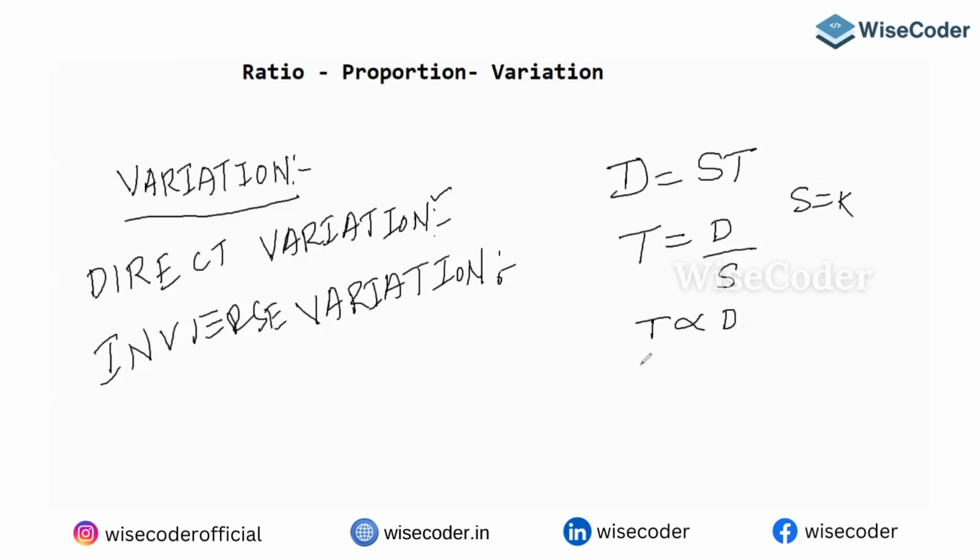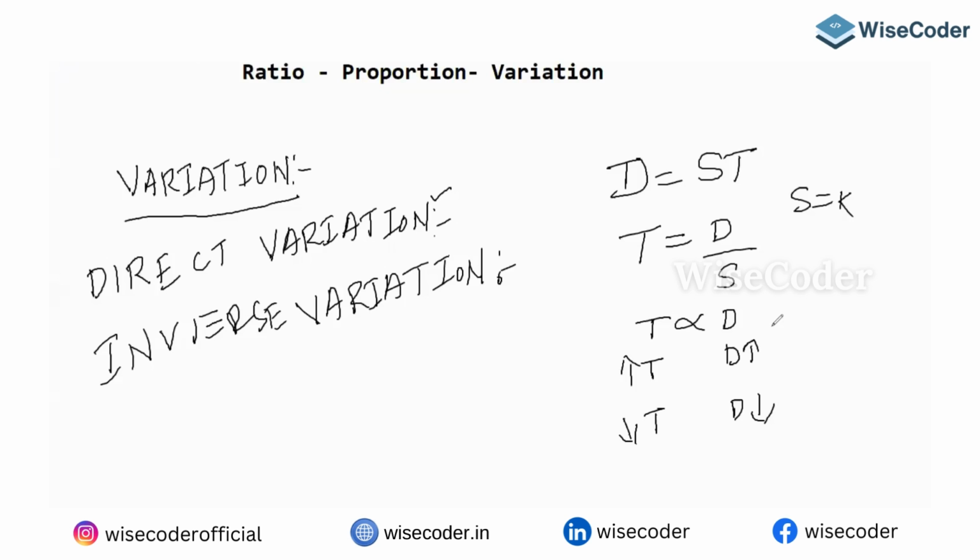Time is directly proportional to distance. If there is more time, you will cover more distance, when the speed is constant. When there is less time, you will cover less distance. When t increases, d also increases; when t decreases, d also decreases.